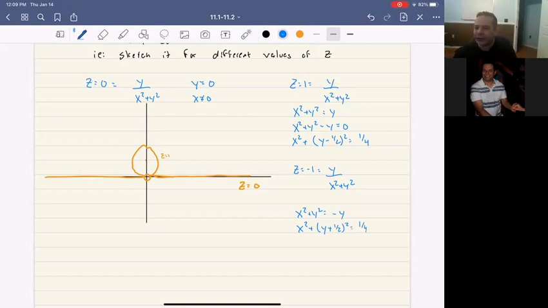I didn't do it, but it's the same process as what we did here. Remember, I complete the square with 1/4. So it's going to be a circle centered at 0, -1/2 of radius 1/2.